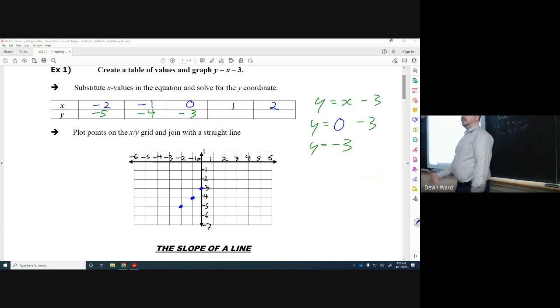And then you can keep subbing it in if you want, but based on the pattern, where are the next two numbers going to be? Perfect. It'll be -2 and -1. And you just keep going up, so keep adding 1 each time. Okay, so then we'll go to 1 and -2, and 2 and -1.